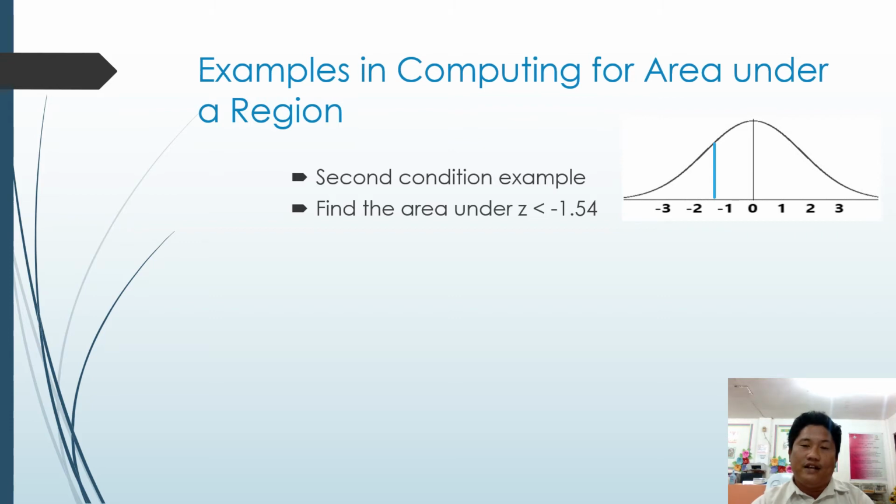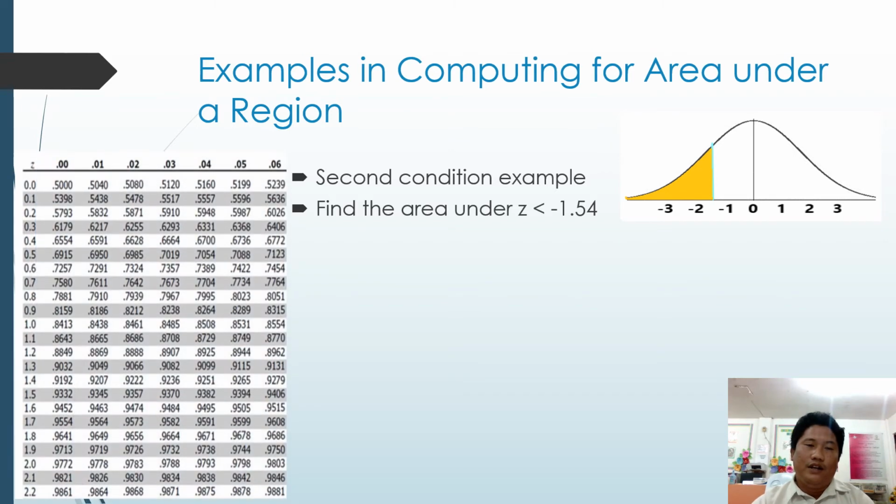And since it's less than, we'll shade the left of that line. So looking at it, the area is just less than 0.5, right? Because it's less than half of the curve. So now we have here our z table, or the z-score table.